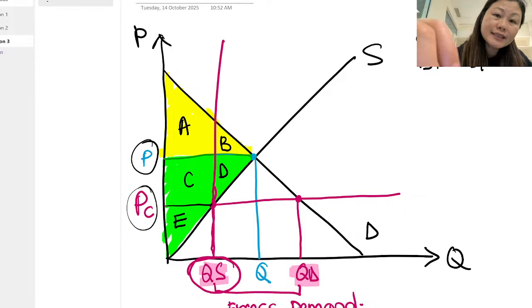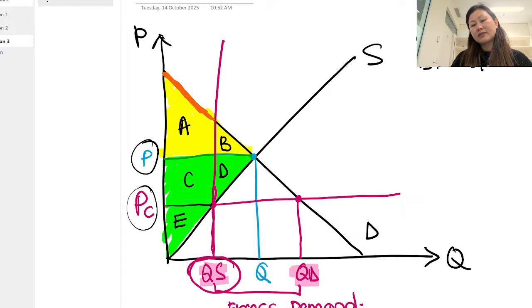So we're going to say that at this particular point, these are the people with the highest willingness to pay on the demand curve. They are the only people that will get the good. And they will get it at the price ceiling at the bottom there.